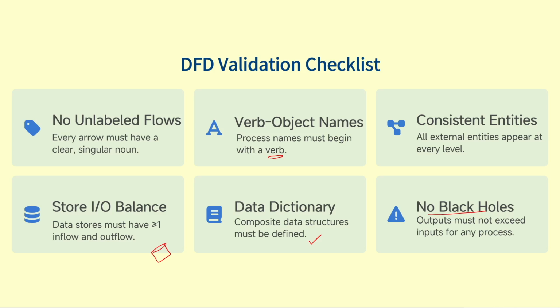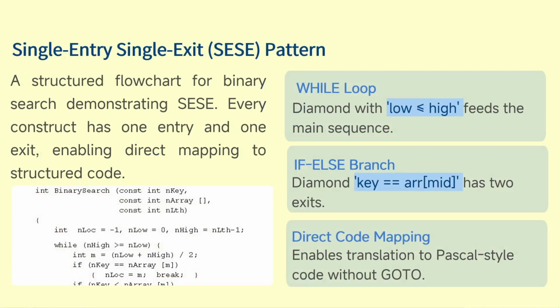What it means is that the output must not exceed the inputs for any of the processes, and no entities should be like an orphan, and it should have some level of interaction such that it is aligned with the software.